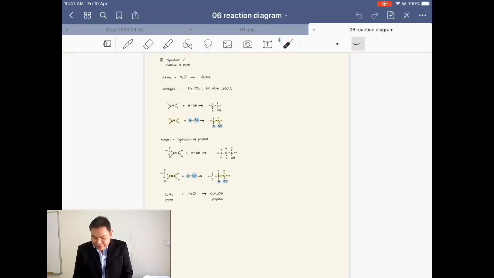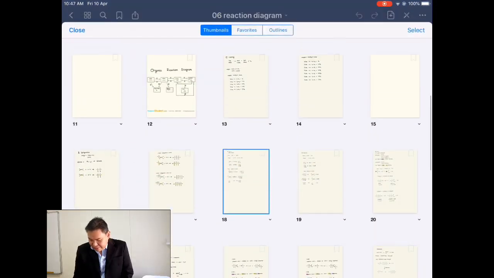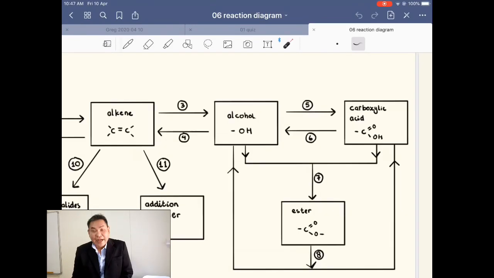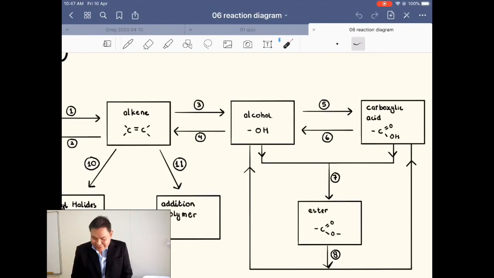Next one is reaction number 3, which is called hydration.